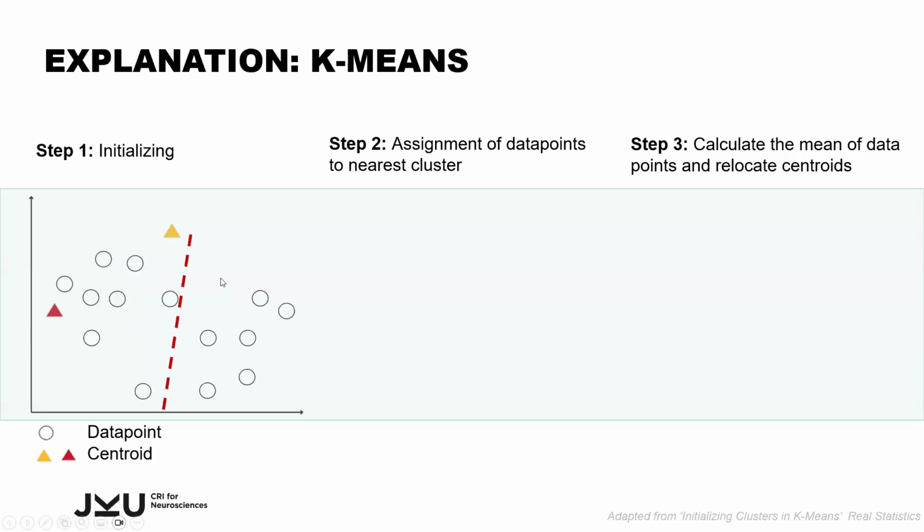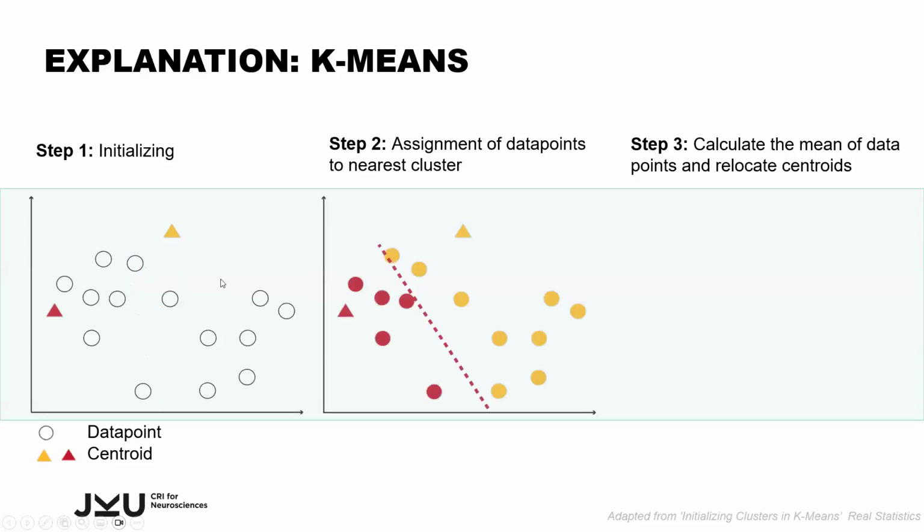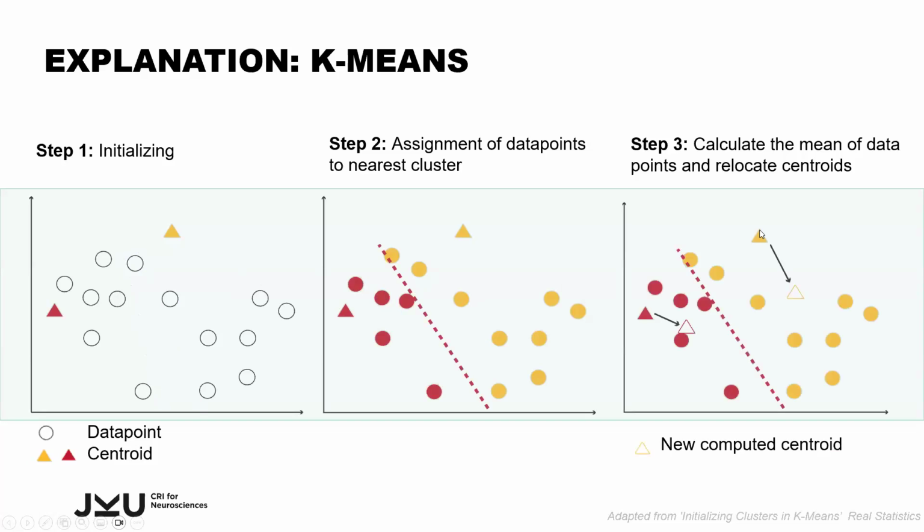So in the second step, you compute the distance from each data point to both centroids, and the closest centroid is the cluster the point is allocated to. In this case, you have this red cluster and this yellow cluster. But in step 3, something happens with the centroids: they move towards the middle of the cluster.